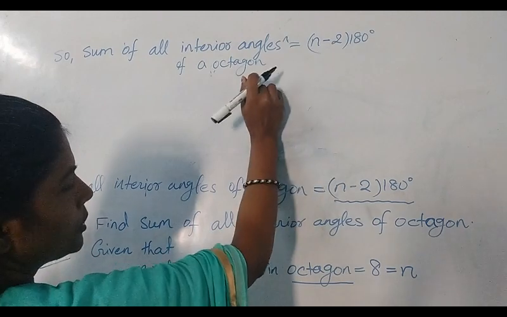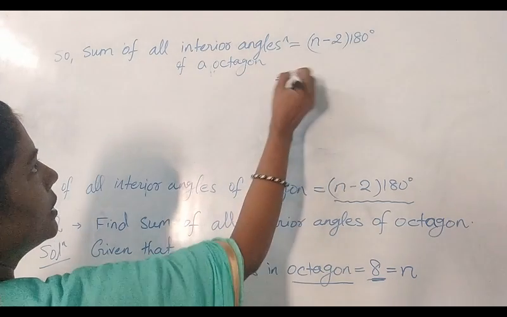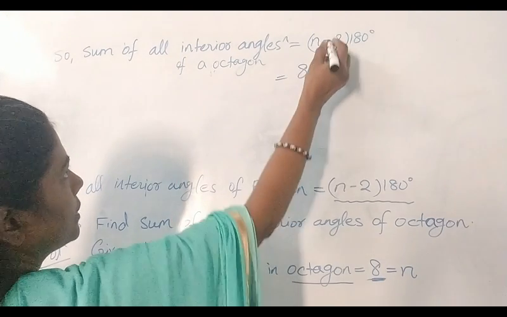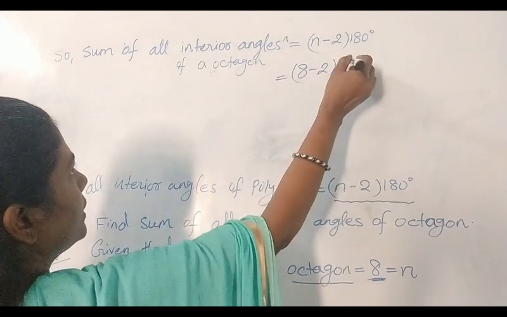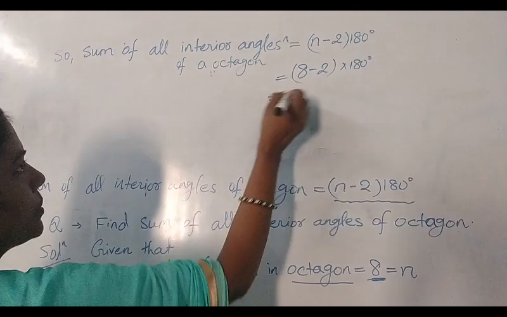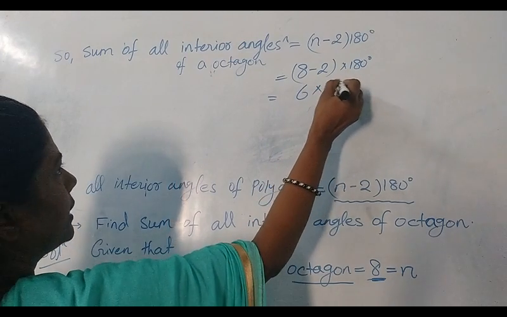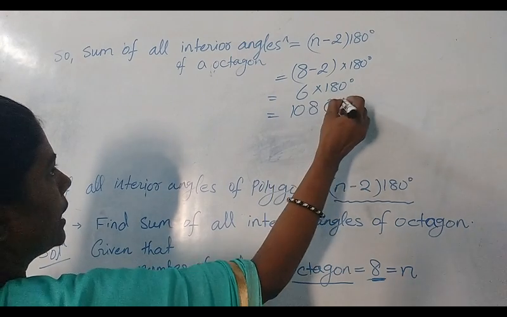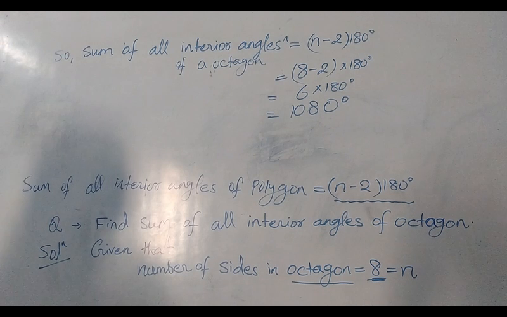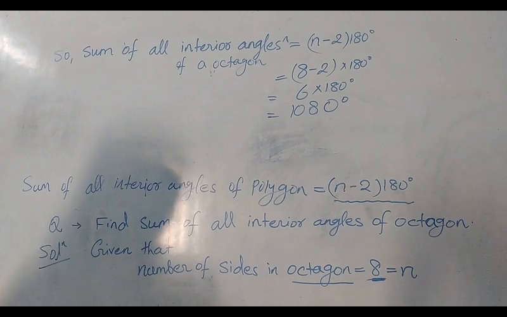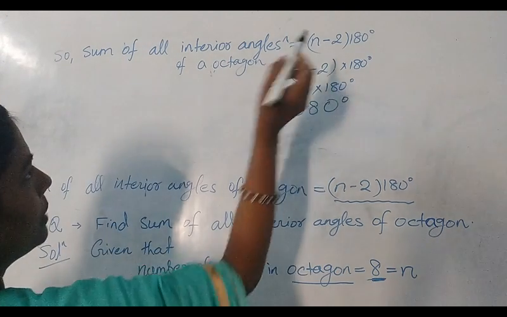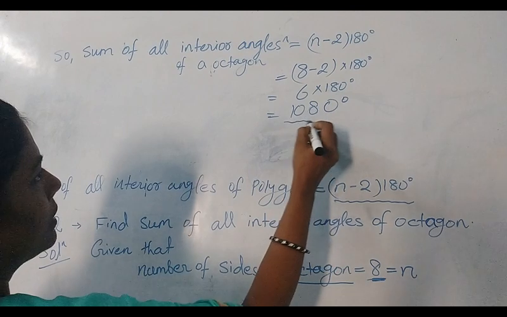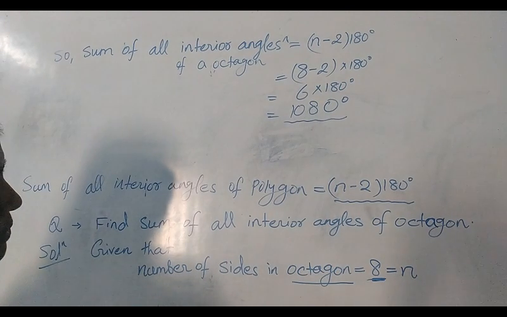So put n equal to 8, right, 8 minus 2, into 180 degrees. So what we have is 6 into 180 degrees, and calculating it, 1080 degrees. That means 1080 degrees is the sum of all interior angles of an octagon. So whatever the number of sides given, you just put the number of sides in this formula, then you can calculate the sum of all interior angles of a polygon.